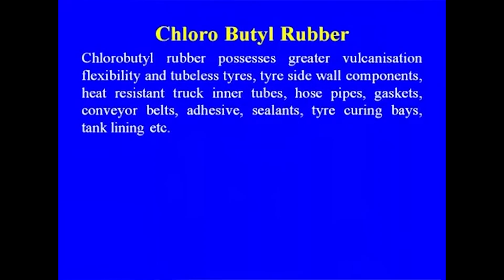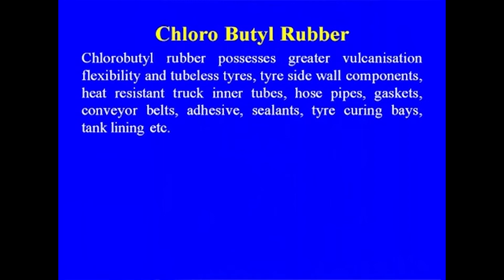What is the advantage of the chlorobutyl? Chlorobutyl rubber possesses greater vulcanization, because that is one of the major parts of the process when you are using the rubber in the tire; vulcanization of the rubber is being carried out. So, the vulcanization, flexibility and tubeless tire.